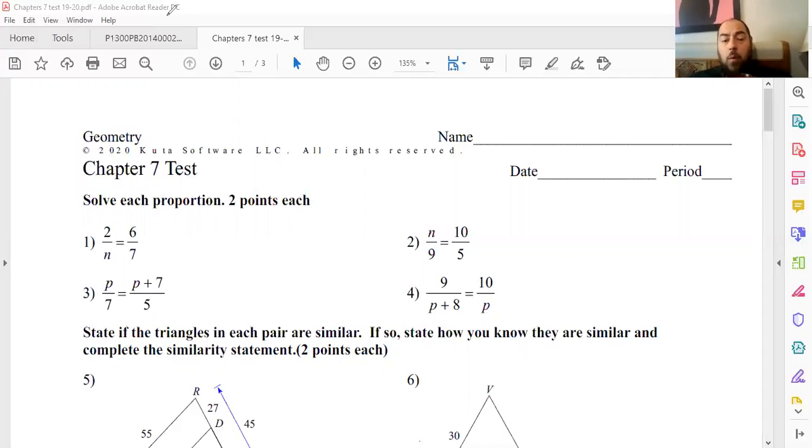So what I'm going to do is go through the Chapter 7 test. If you want to view it as test corrections, that's fine. But I want you to go through this and make sure you understand it. You'll get something in the next week about what the school's requiring of us over the next month and a half.